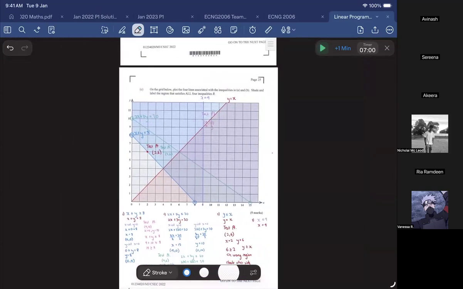Are you all seeing our region in common? Are you all seeing the region in common?